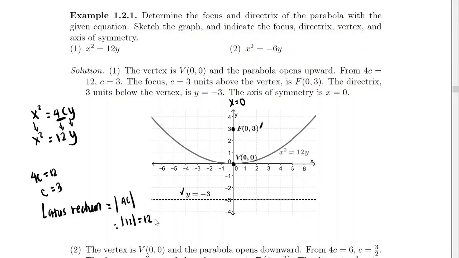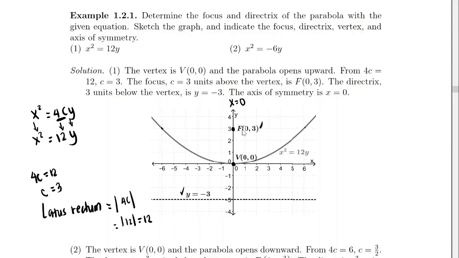Since the parabola is symmetric through the axis, we have to balance the distance from this side and that side. The latus rectum is the line segment from a point on the parabola to another point on the parabola on the other side, passing through the focus.